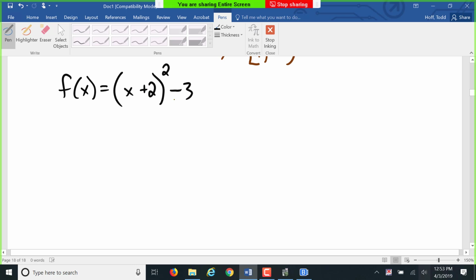Do a quick sketch of that graph. So the vertex is going to be where?